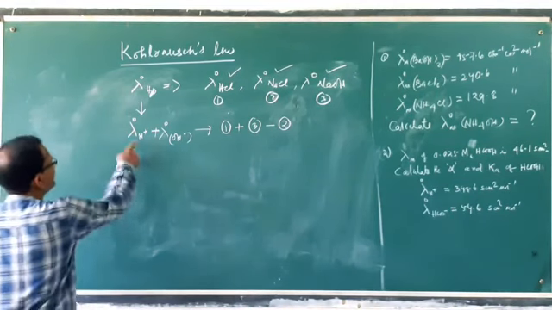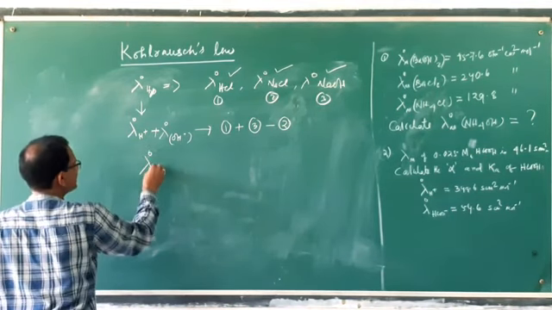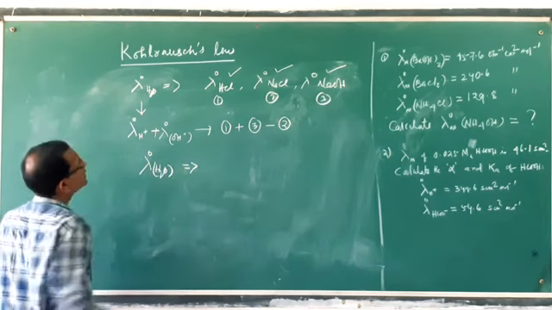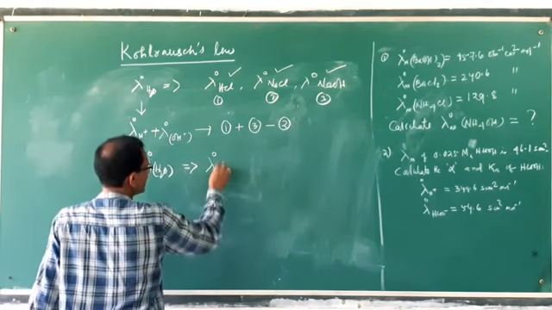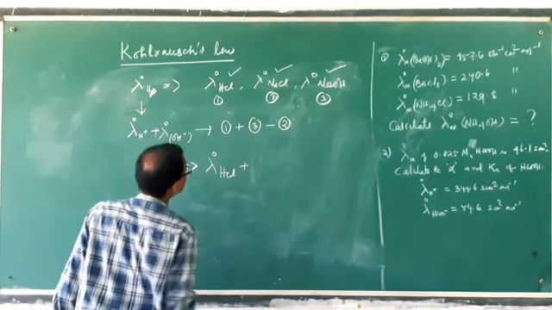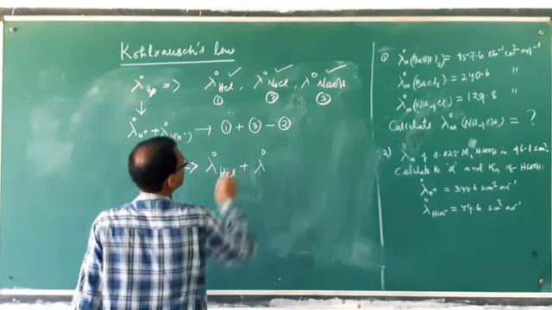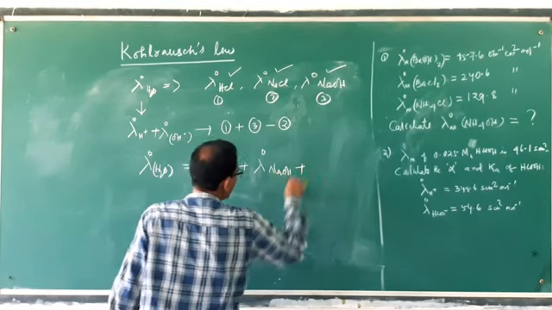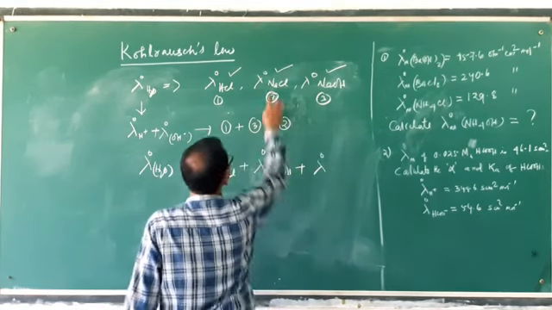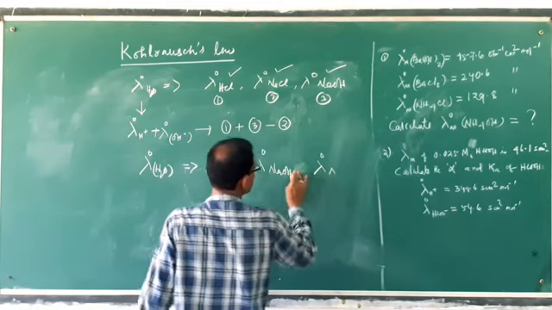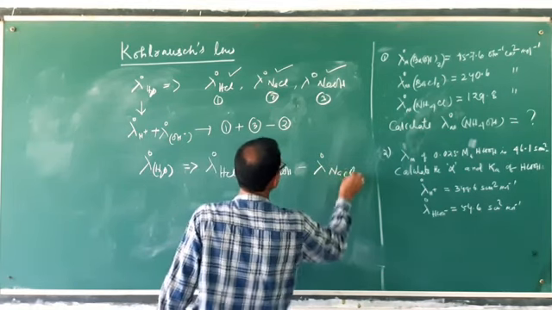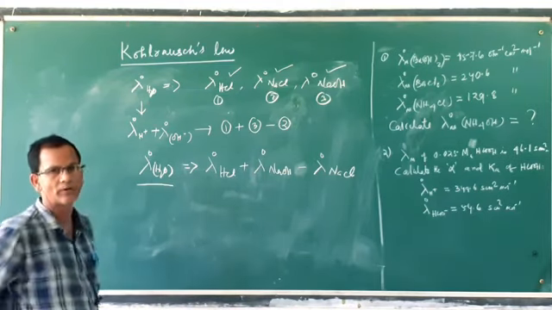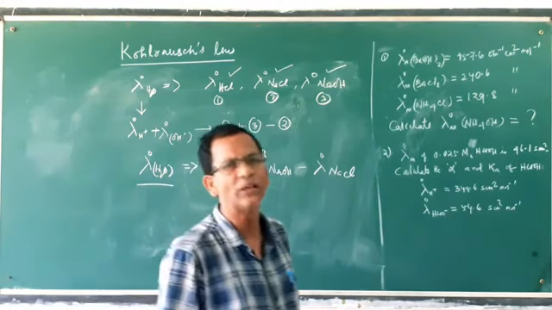So lambda naught of water is equal to lambda naught of HCl plus lambda naught of NaOH minus lambda naught of NaCl. So finally you will get the lambda naught of water, because water is a weak electrolyte.